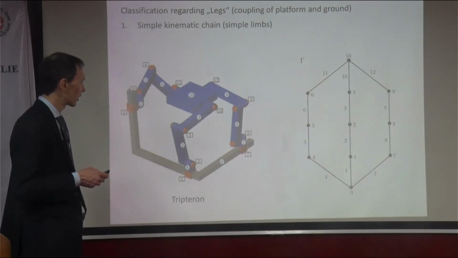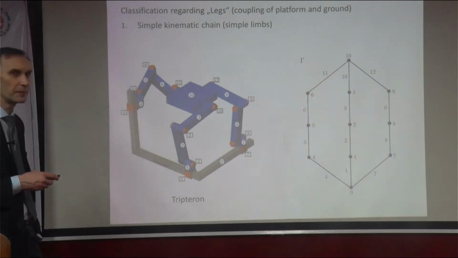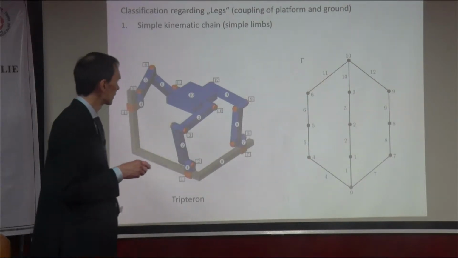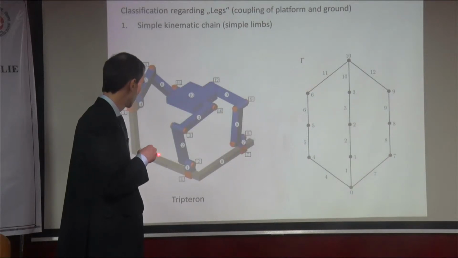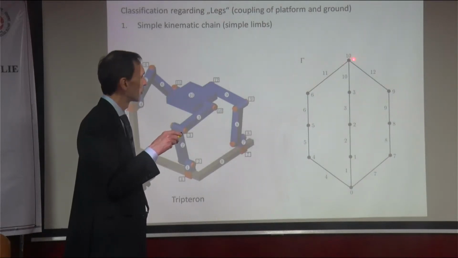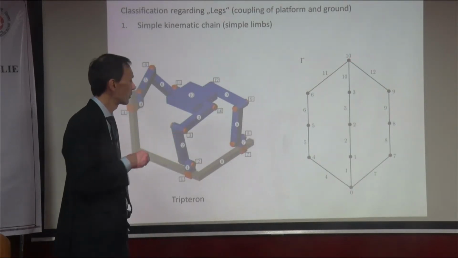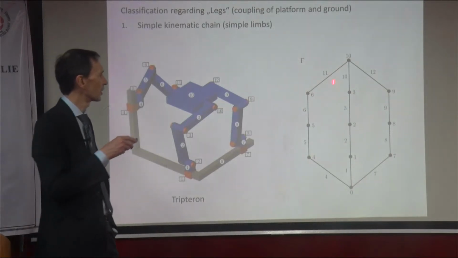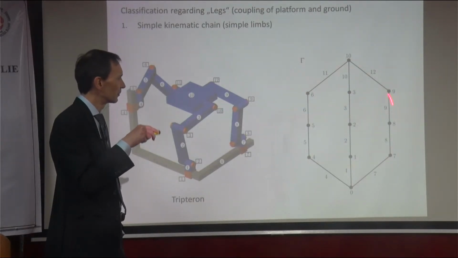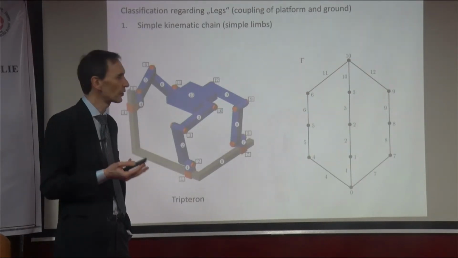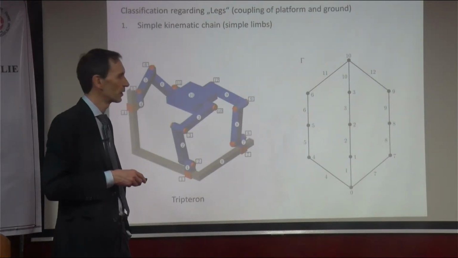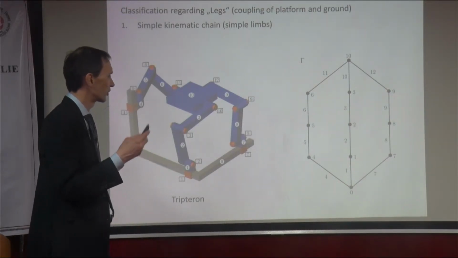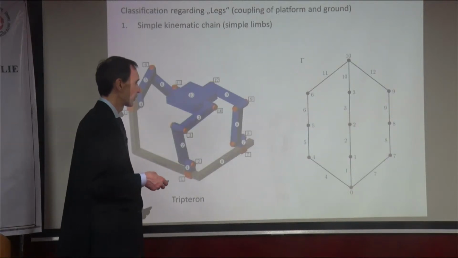And we realized that for PKM, we have an interesting, nice structure because we have the ground, so that gets the index 0. We have the moving platform, in this case it's 10 maybe, and then we have similar, or let's say identical, kinematic chains, and they call them legs, right? Like leg or limb or something like this.